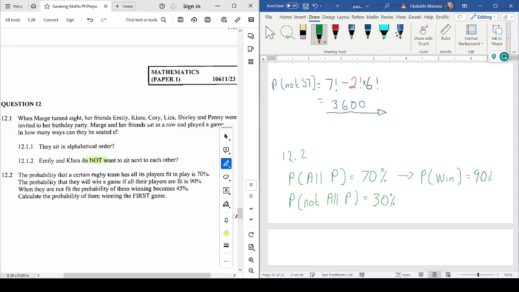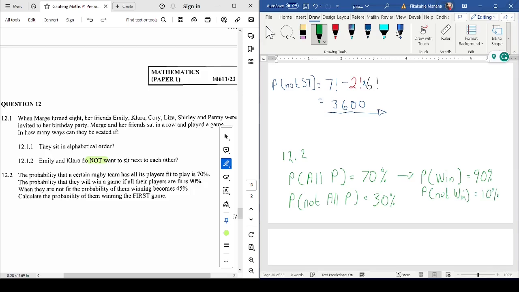Which means the probability that they will not win under these conditions is, I can actually do a tree diagram if I want to, honestly, because now under these same conditions, the probability that they will not win is equal to 10%.